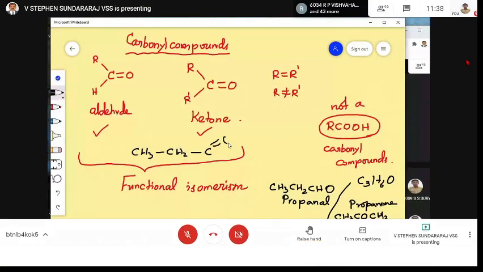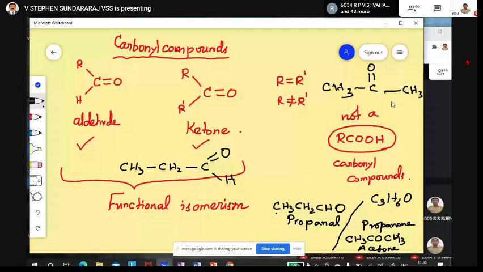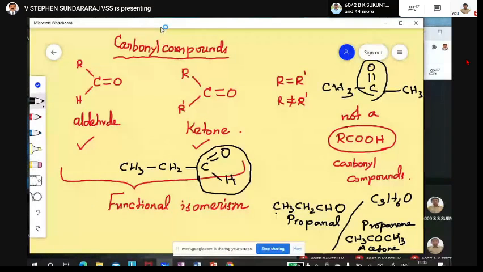Both are entirely different, and different IUPAC names mean they are different compounds. In one the group is C double bond O H, in the other it is C double bond O with alkyl groups on both sides. Atomic connectivities are different, so they are different structural formulas. The molecular formula is the same but the functional group is different: one is an aldehyde functional group, the other a ketone functional group. That is why they come under functional isomerism. So that is one isomerism exhibited by these compounds.